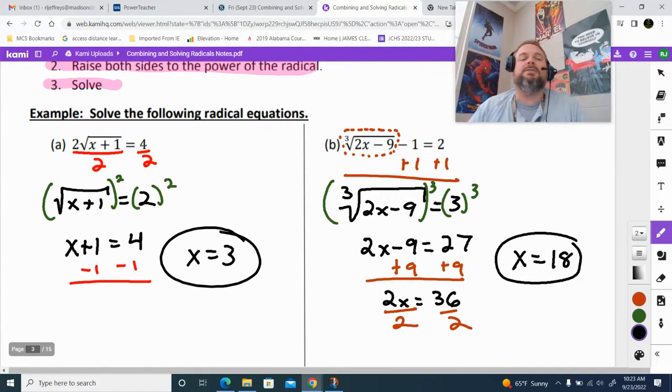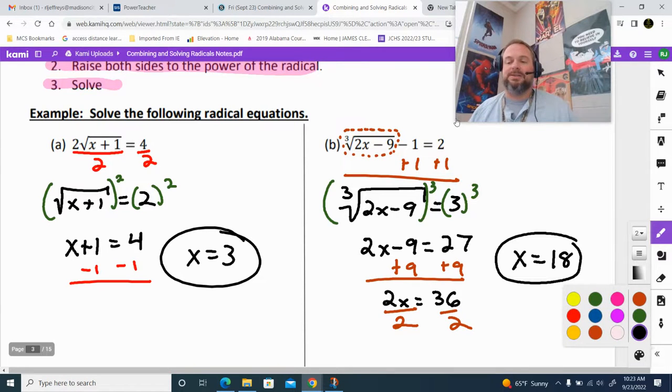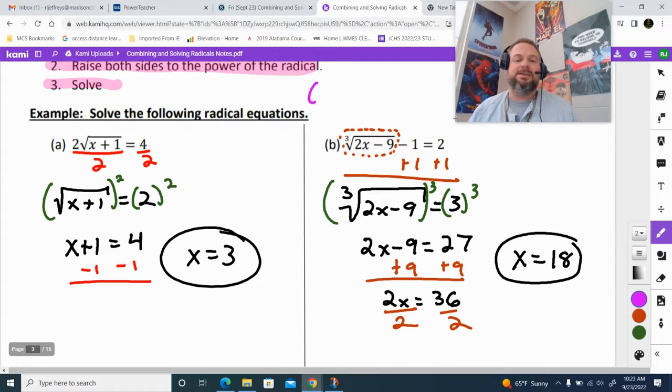No, you can't leave in the 1, because if you were to leave in the 1, then you would actually have to cube this whole radical and 1. What I'm trying to say is, if you try to do it with all of it together, if you had this right here.